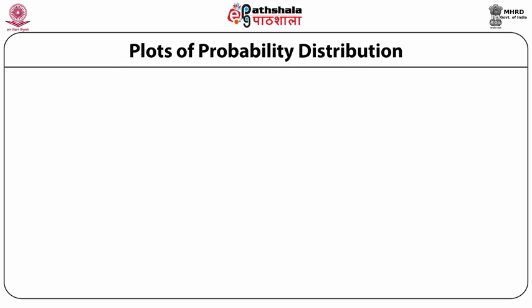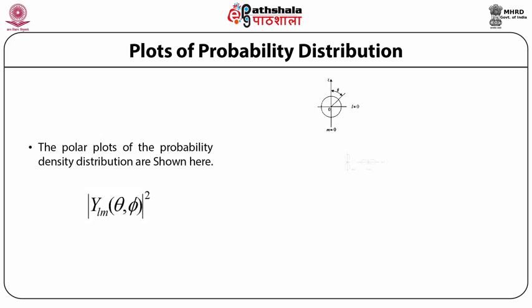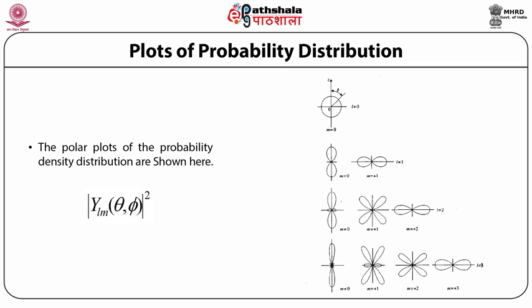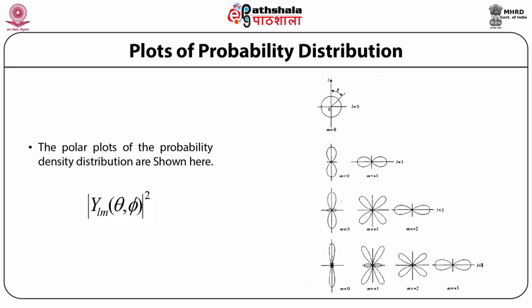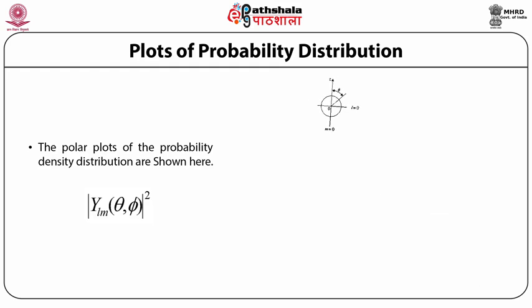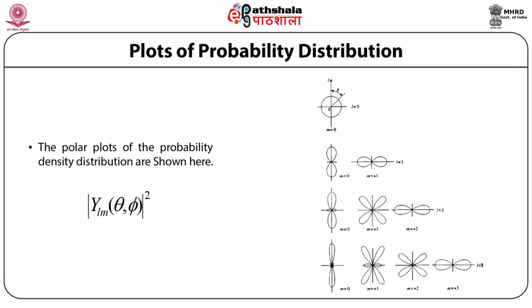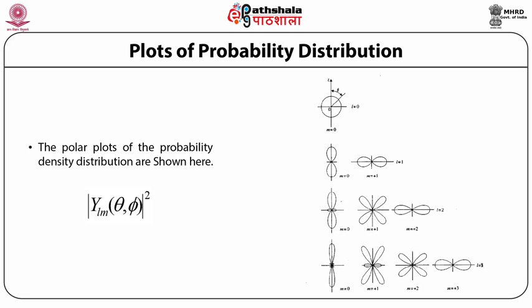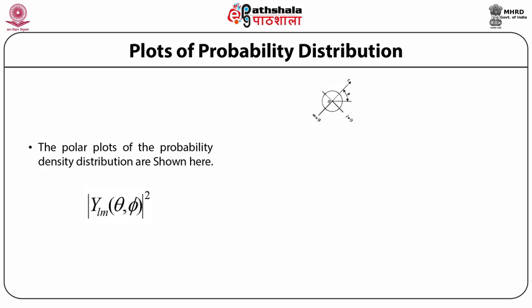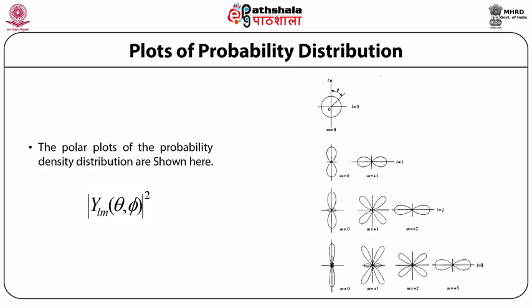Plots of probability distribution. The polar plots of the probability density distribution function, that is the square of the modulus of Y_LM(theta, phi), or the square of the modulus of the spherical harmonics, can be seen for different values of m and L, where m is the magnetic orbital angular momentum number and L is the orbital angular momentum number.